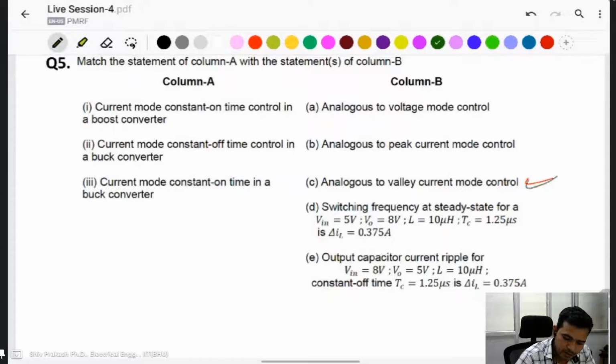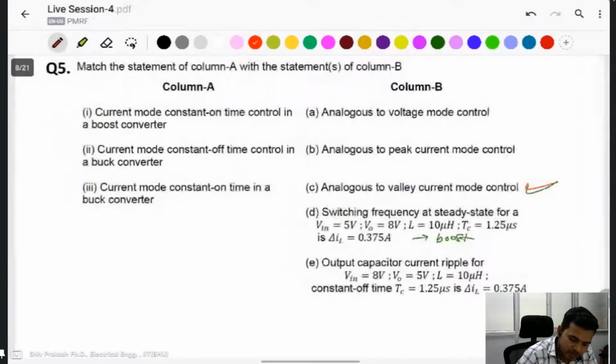I think this is for the buck boost converter, and the frequency is restricted for this one. Input is 5 volt, output is 8 volt. It means this one is a boost converter. Then you apply it to ask for the frequency.